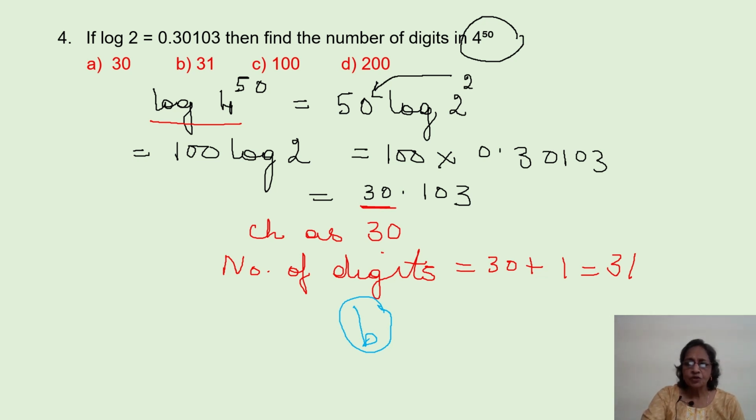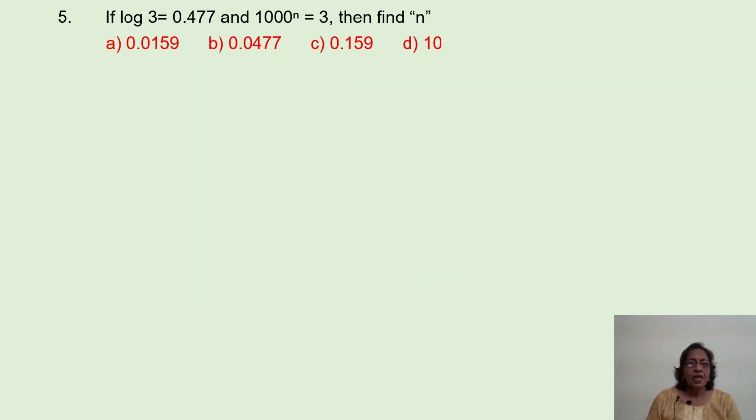Okay. Let's go to the next sum. Again, log 3 is given and 1000 raised to n is equal to 3. Then find n. Now, log of 3 is given to you. So, what we have got here is 1000 raised to n is equal to 3. So, let's take logs on both the sides.